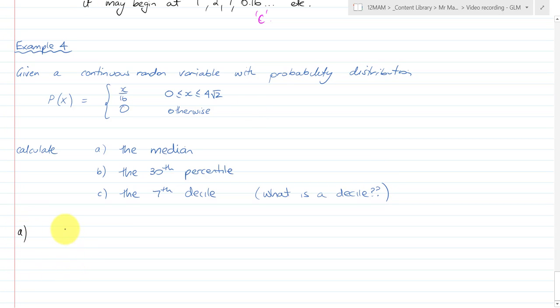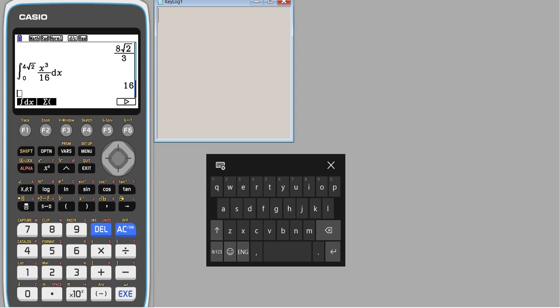A, we want a value such that the integral from a to 0 of x over 16 dx is equal to 0.5. We don't have to use the 4 root 2 this time, just a to 0. And I can do this on my calculator. So I go to my calculator and I do the solve function.